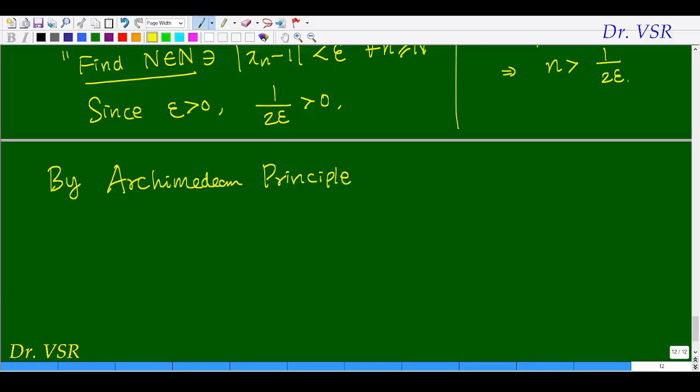there is a natural number capital N such that capital N is greater than 1 divided by 2 epsilon.